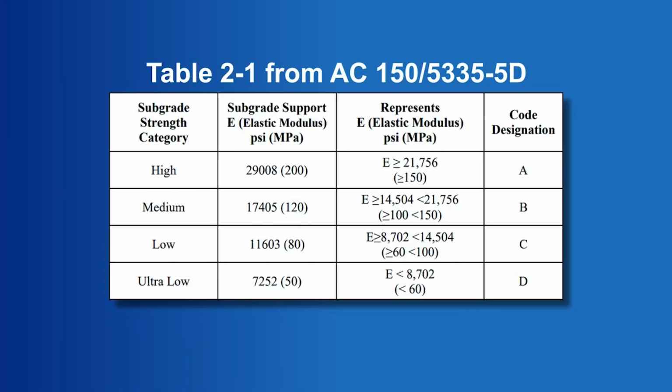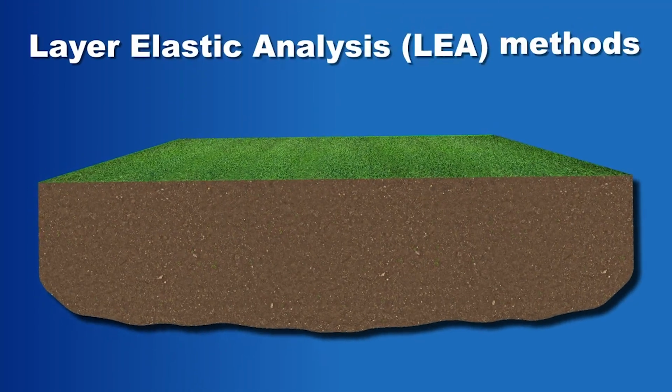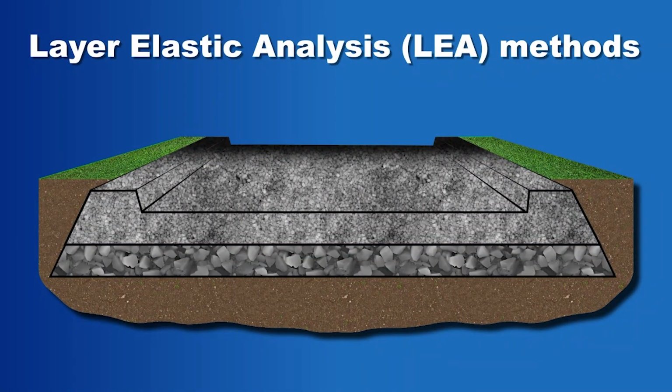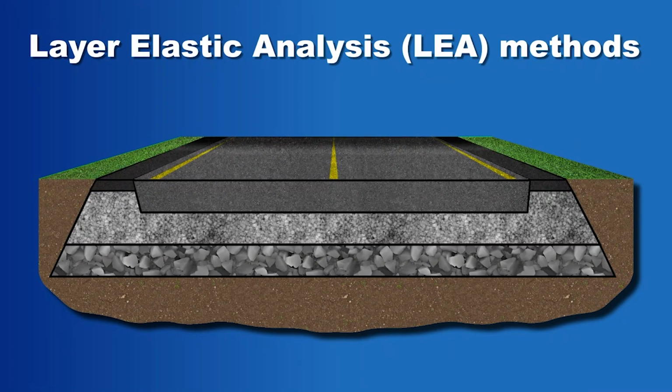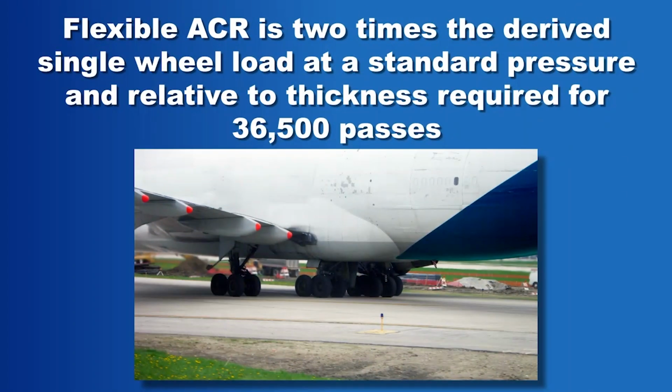The ACR PCR method uses the same 4 standard levels of subgrade strength for both rigid and flexible pavements. Layer elastic analysis (LEA) methods are used to evaluate support requirements for both rigid and flexible pavements. The ACR for flexible pavement is 2 times the derived single wheel load calculated at a tire pressure of 218 psi relative to the thickness required for 36,500 passes of the aircraft.